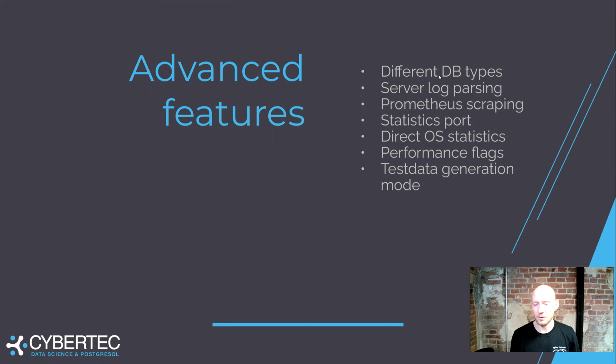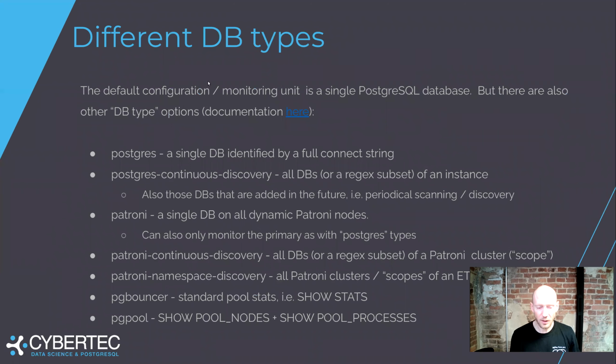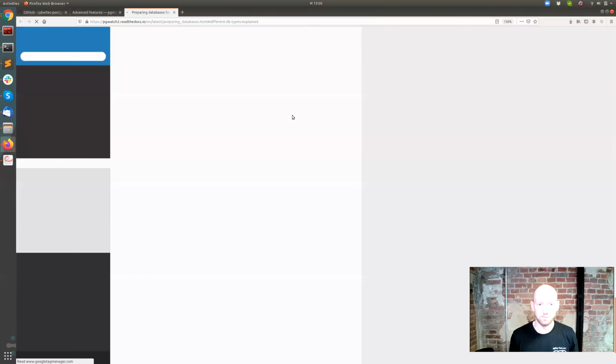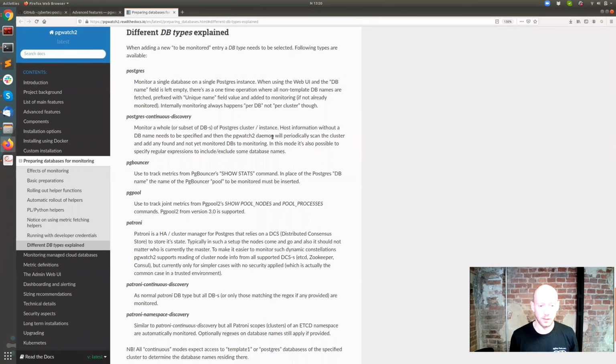So let's just jump right in, and let's start with the different DB types, or basically configuration units that you need to specify. Actually, what do you want to monitor? And the most important points are documented, so you can later dig in even deeper.